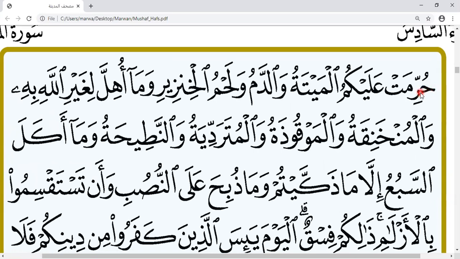Hu, ri, ma. See how difficult it is to pronounce it by itself. So whenever you want to pronounce a letter that is silent, you have to go back and pronounce it with another letter. So I'm going to pronounce it again with this.